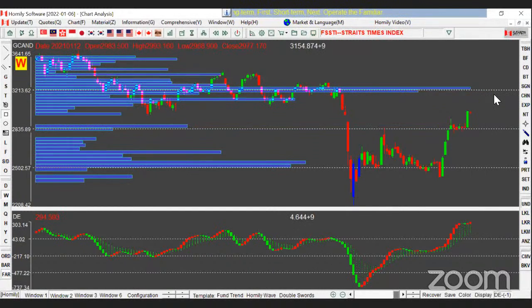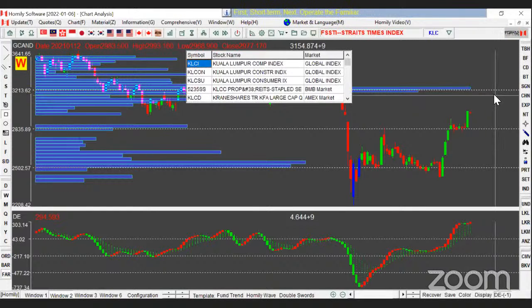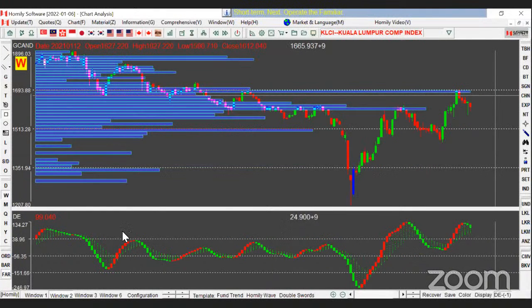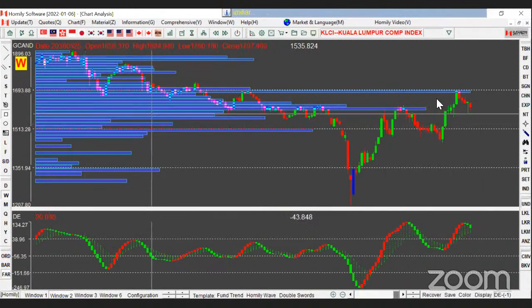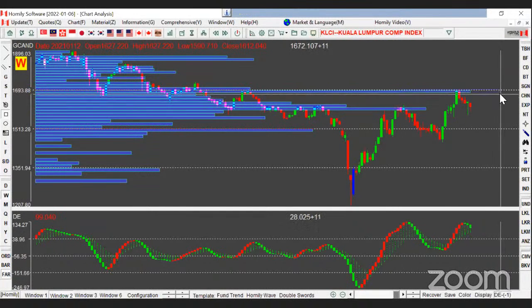And then if we continue to check KOCI, for KOCI here, we see also the weekly chart. For example, chip distribution, previous high until now. Then for this period, we check the strongest resistance here, price unable to break up, right?